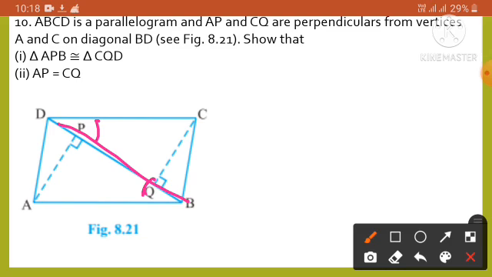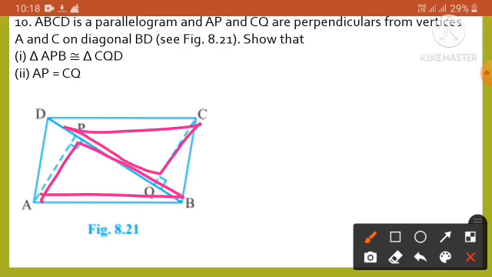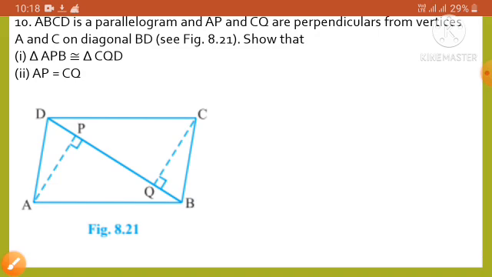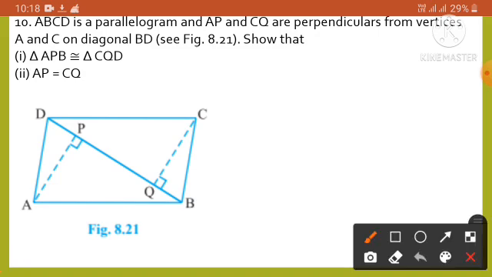So by AAS congruence rule we can prove that triangle APB is congruent to triangle CQD. Now since these two triangles are congruent, easily by CPCT rule we can say that AP is equal to CQ here.